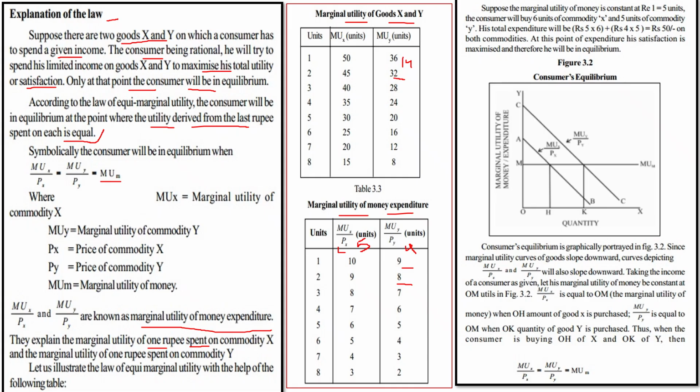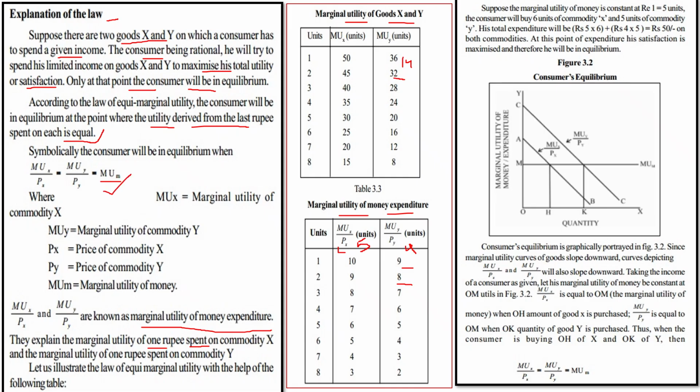Now we have to spend on both goods in such a way that the last 1 rupee spent on commodity X and Y is equal to the marginal utility of money. This equilibrium we have to satisfy.